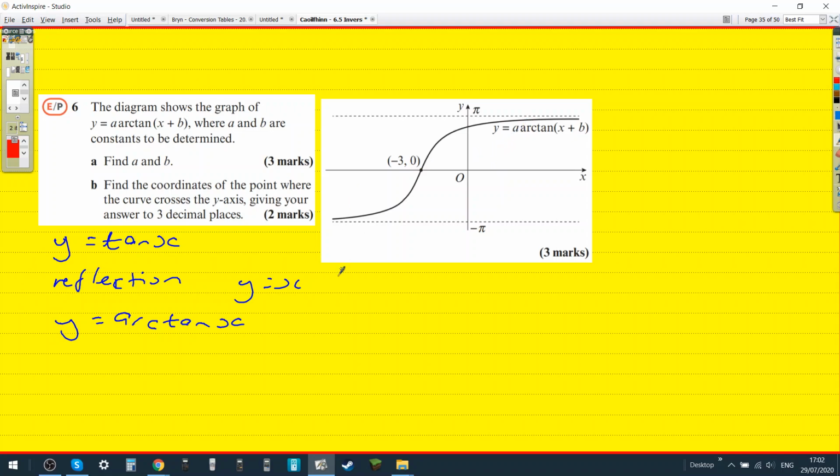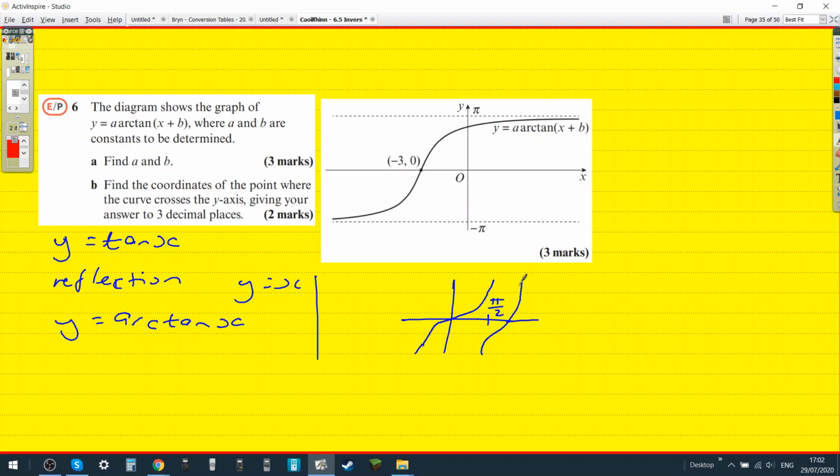The difference is they've done some stuff. So a tan graph, what are its features, what are its asymptotes and stuff? I think 90. So that is pi over 2.